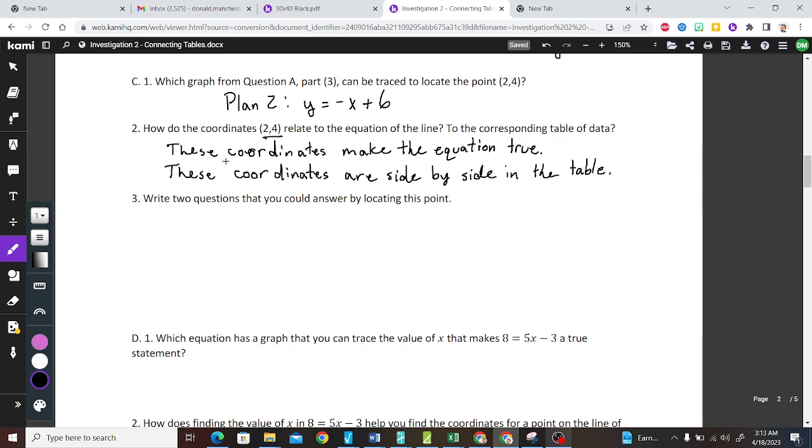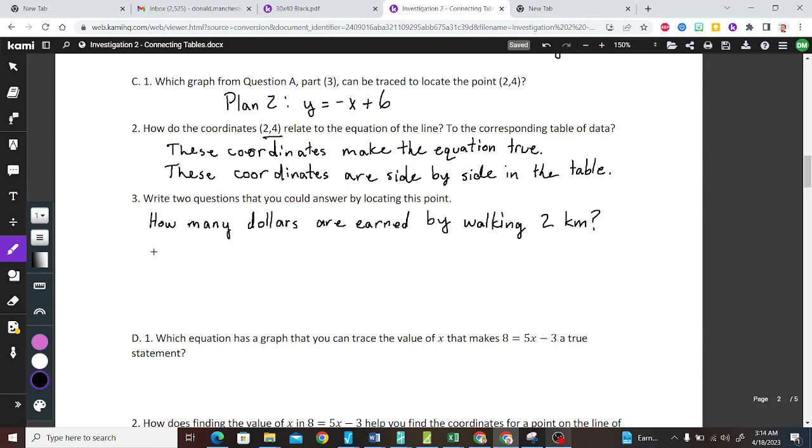So write 2 questions we can answer by locating this point. Well, remember, the 2 things that we were talking about are y is dollars and x is kilometers. So we can start by going, how many dollars are earned by walking 2 kilometers?